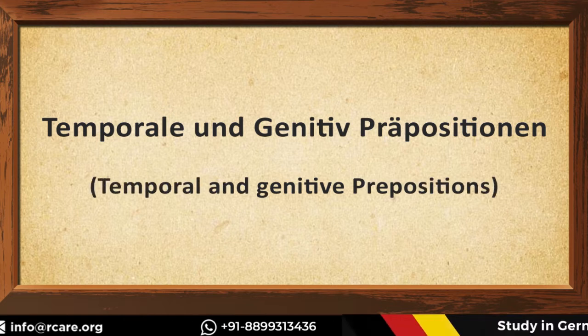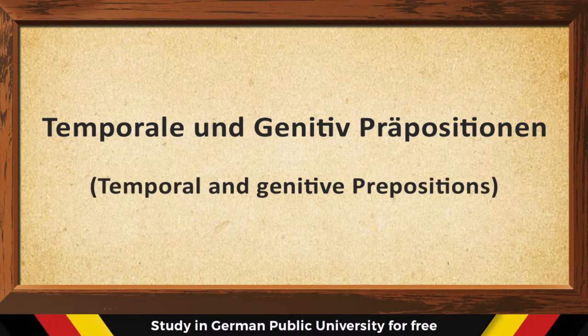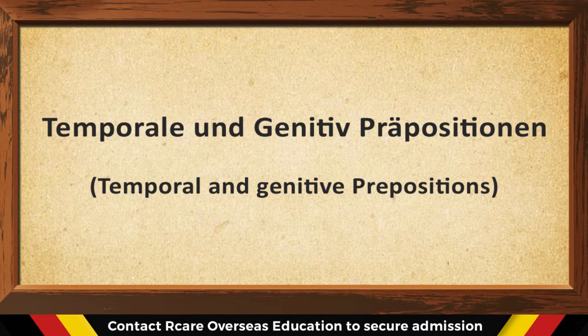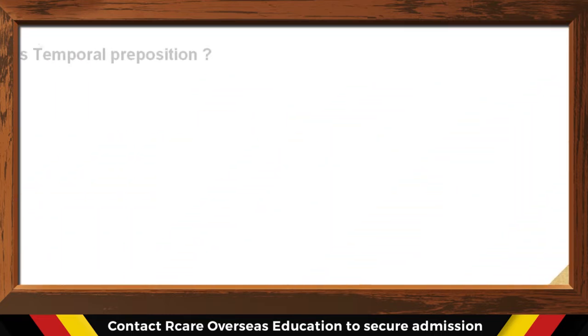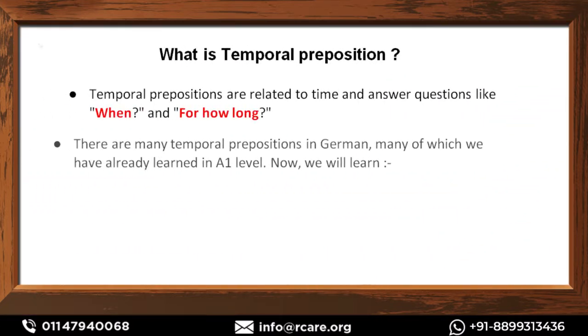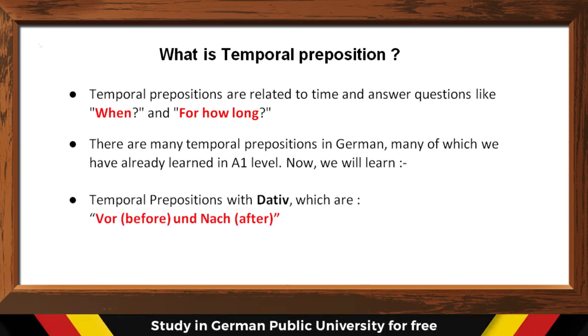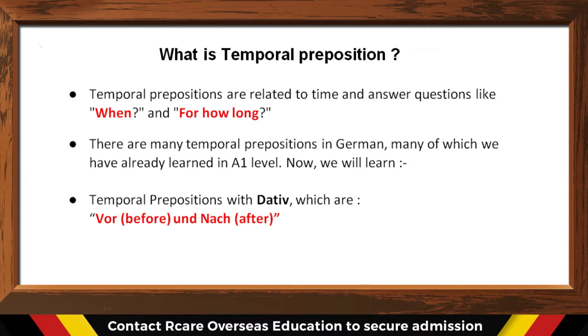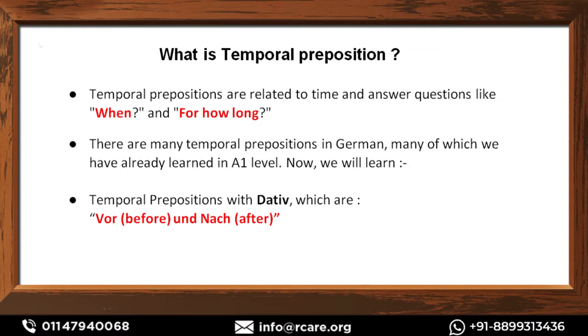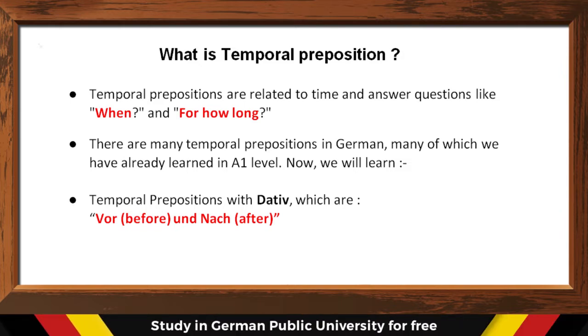Temporale und Genitive Prepositionen. Temporal and Genitive Prepositions. What is a temporal preposition? Temporal prepositions are related to time and answer questions like when and for how long. There are many temporal prepositions in German, many of which we have already learned at A1 level.